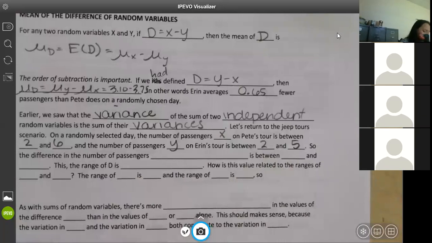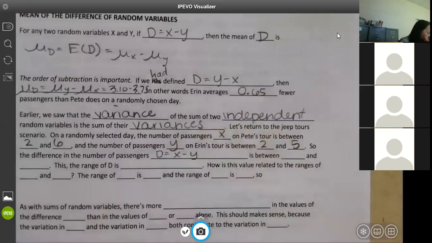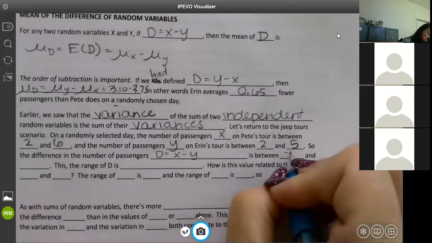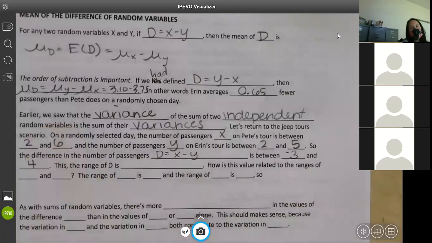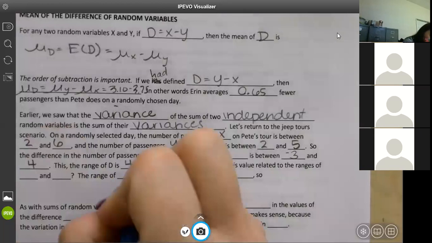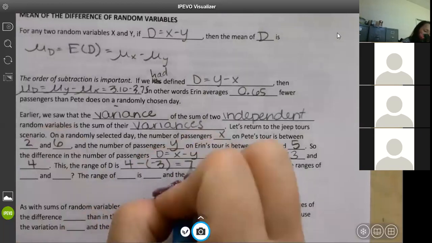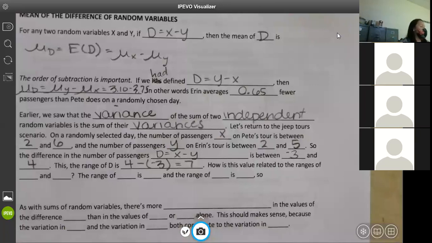So the difference in the number of passengers is between -3 and 4. So 2 minus 5 would give you the -3, and then 4 would be 6 minus 2. Thus, the range of D is 4 minus -3, or 7. So again, the distance on the number line from -3 to 4 is 7 units.